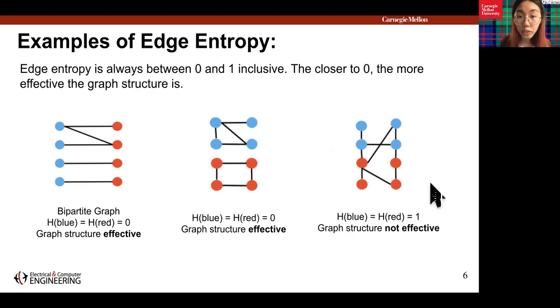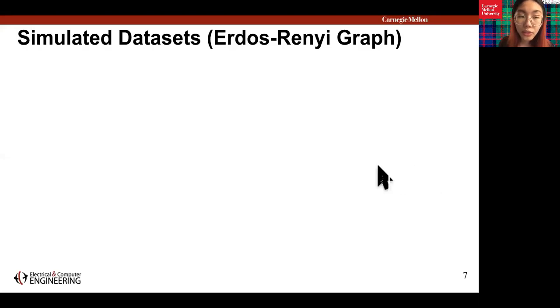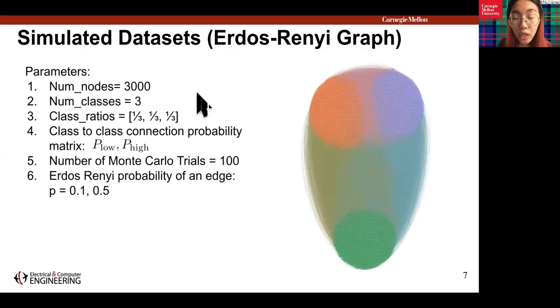So now that we have some intuition about edge entropy, let's look at the relation between edge entropy and the test accuracy of some simulated data sets. We generate our simulated data sets as Erdos-Renyi graphs. We fix our parameters: we generate a graph of 3,000 nodes with 3 classes, 1,000 nodes for each class.